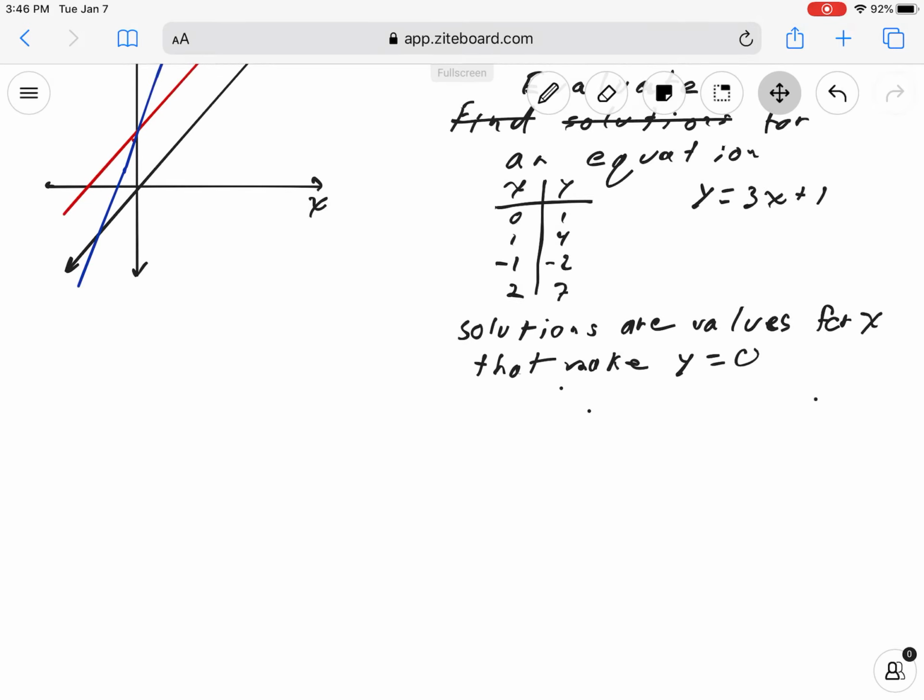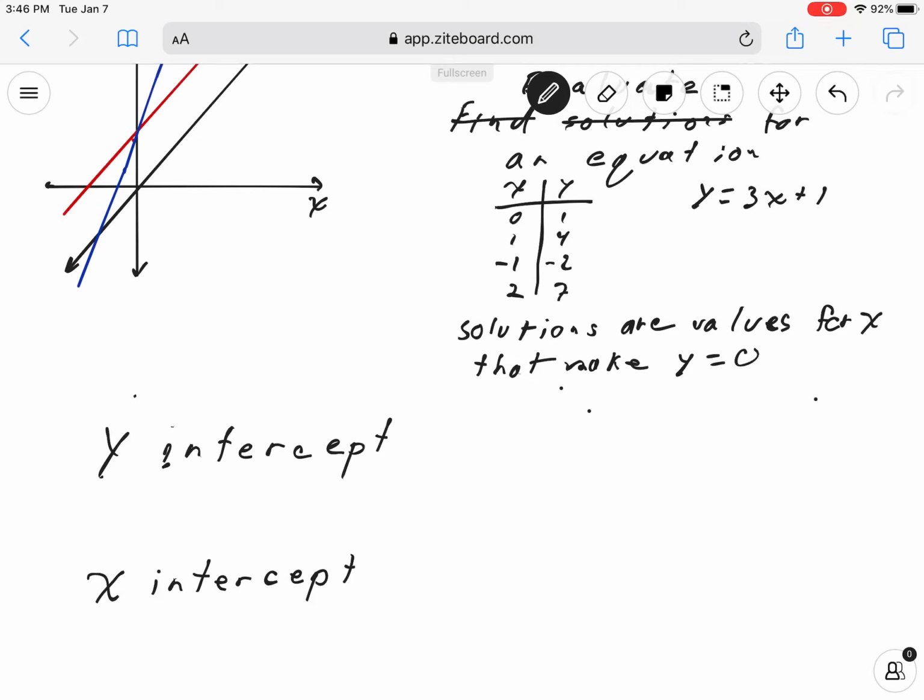Related to that, we have the terms y-intercept and x-intercept. Okay, and in each case it is what it means where the line of the graph intercepts that particular axis.